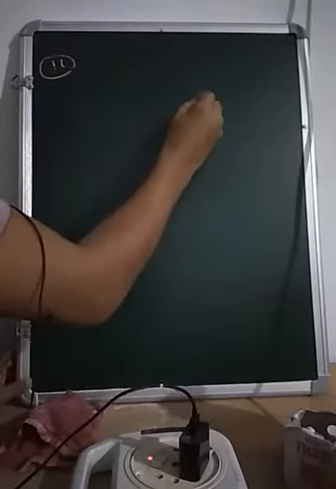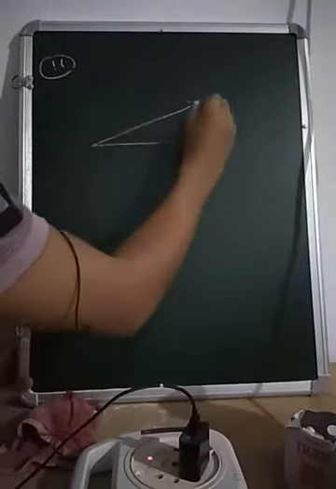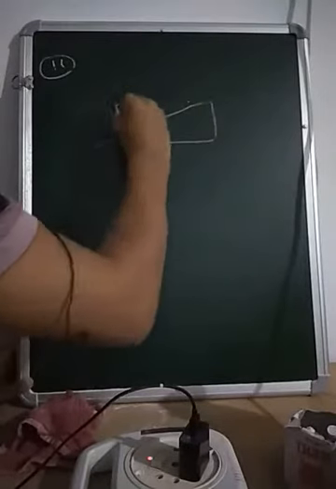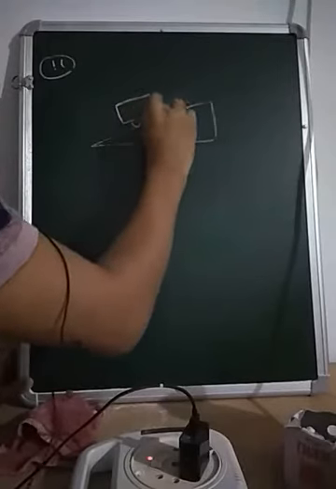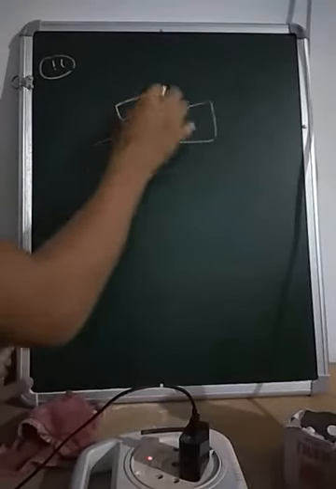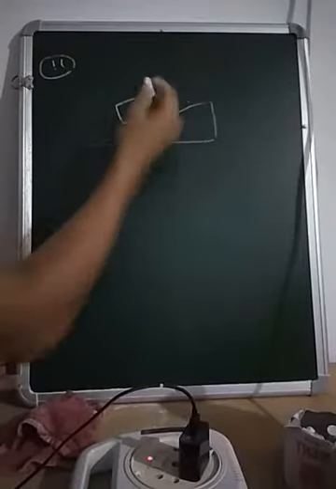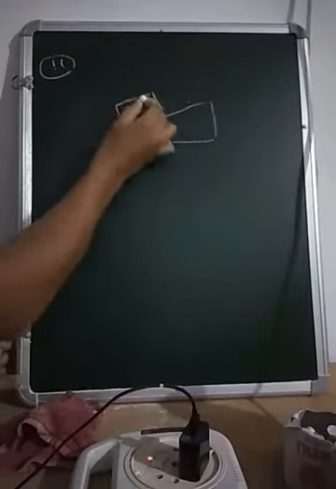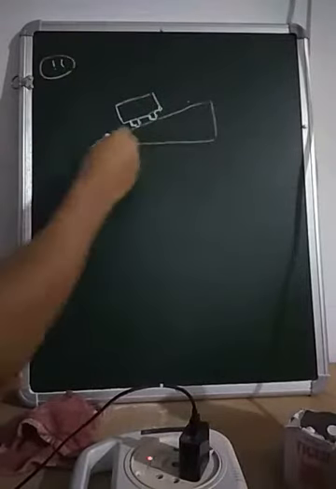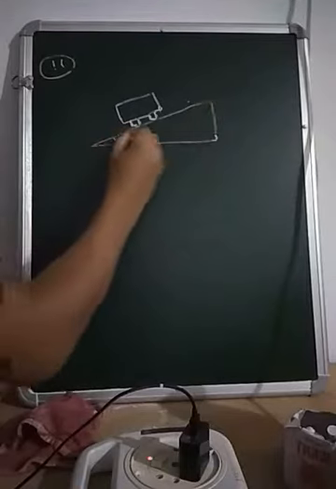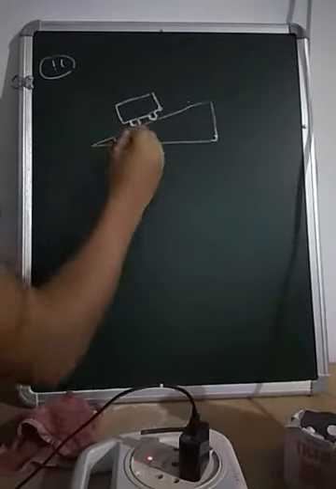The second case, suppose this is a road, and there is a car moving on this road. This is the front side of the car. There are two wheels. It is facing outward. The car is moving outward from the plane of the board. And this is the cross section of the road. That is, the road is banked, or it is inclined with the center at an angle theta.